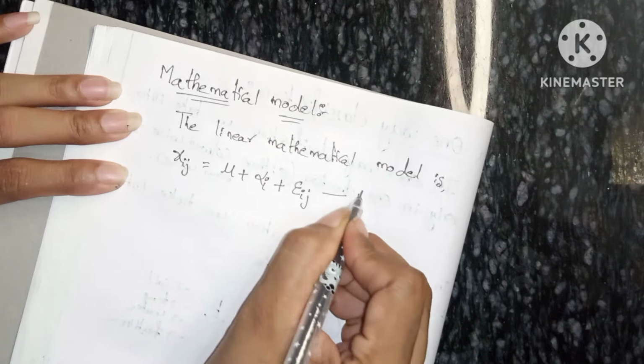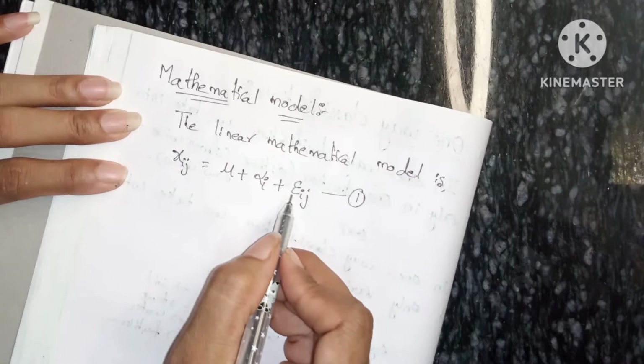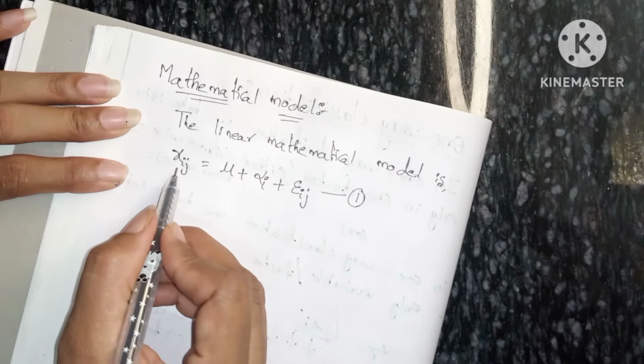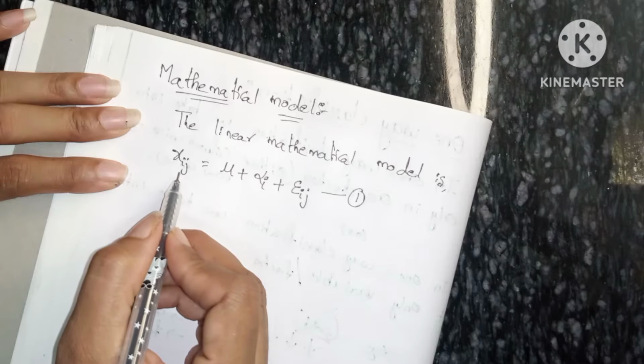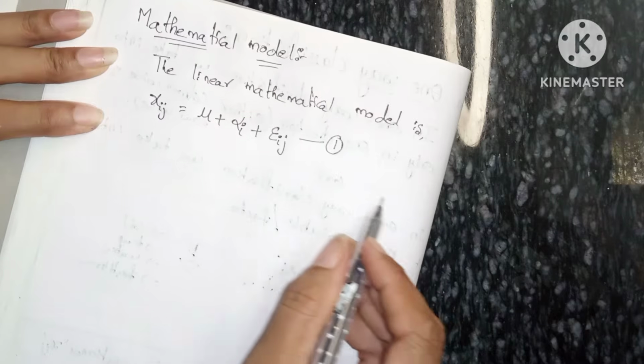This is equation 1. Please don't call it eij, this is epsilon. Or else in some books, instead of xij, it may be written as yij also. Nothing wrong in it.